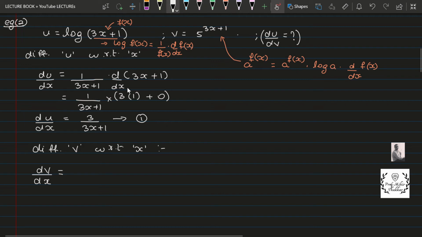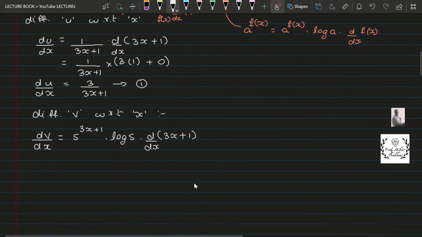So here value of a is 5, so the answer will be 5 to the power 3x plus 1 because fx is 3x plus 1, multiplied by log 5 and multiplied by derivative of fx, which is 3x plus 1.